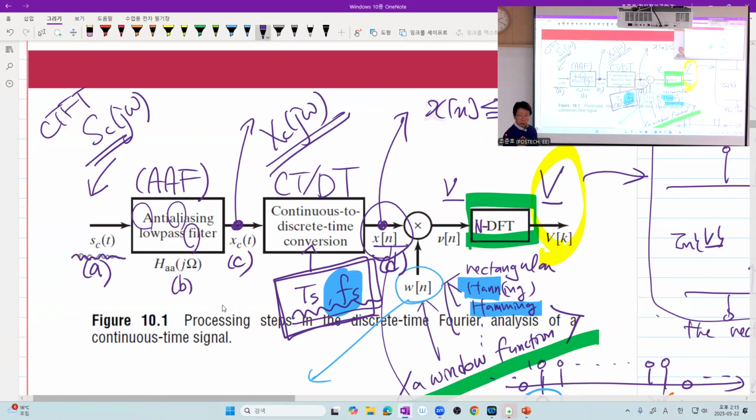Now you do what? You multiply a window function. Be careful, up to here is a linear operation. And especially this is an LTI filter, so this is LTI filtering. Let me ask you a question. What about this one? Is this a linear system? Is the CT to DT converter a linear system? Yes. Is it linear time invariant? No, right?